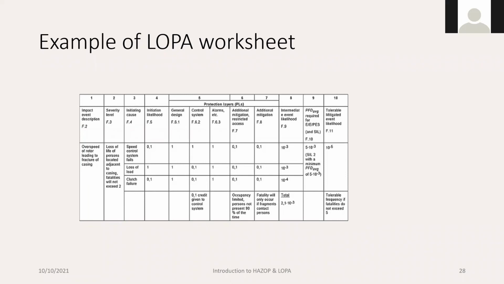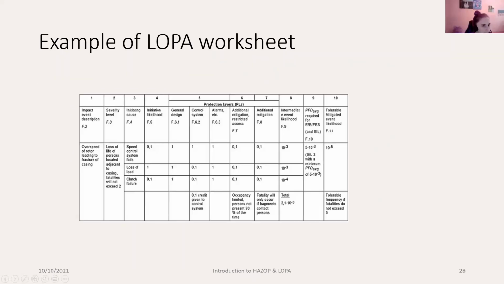First one is restricted access, and second one without restricted access. Column 6. So there's restricted access. Can you see it? Additional mitigation, comma, restricted access. What does it mean?